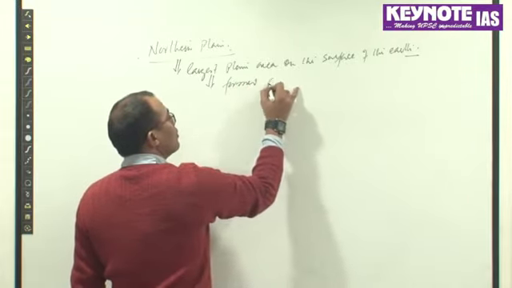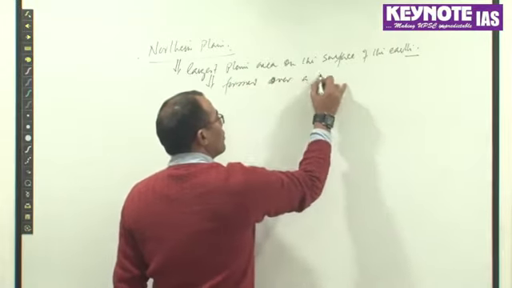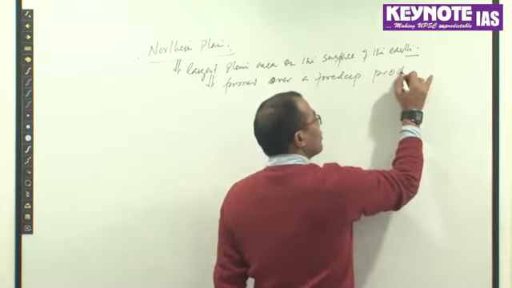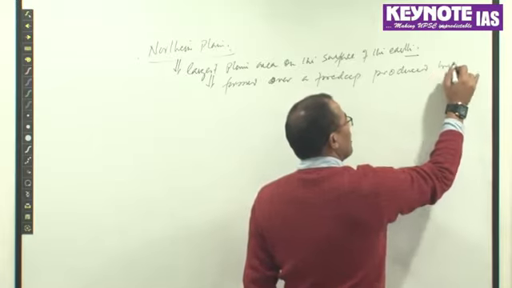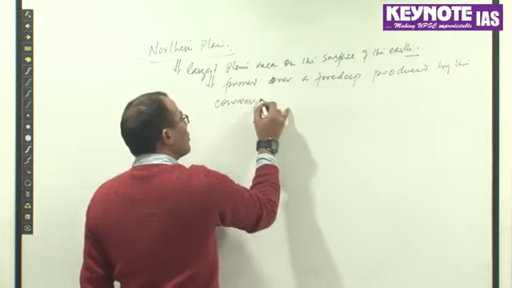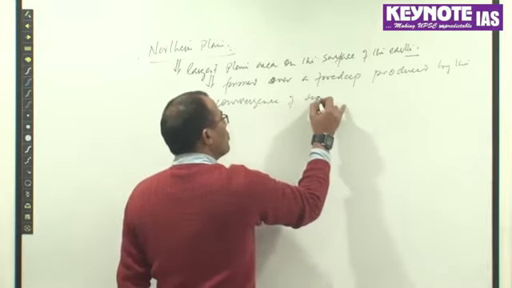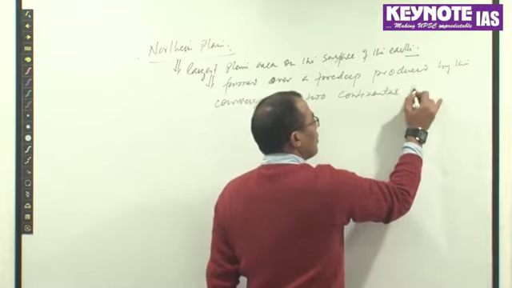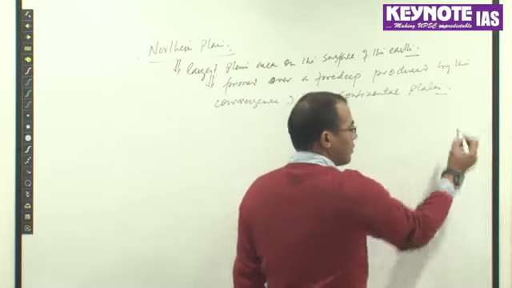Formed over a foredeep, produced by the convergence of two continental plates.